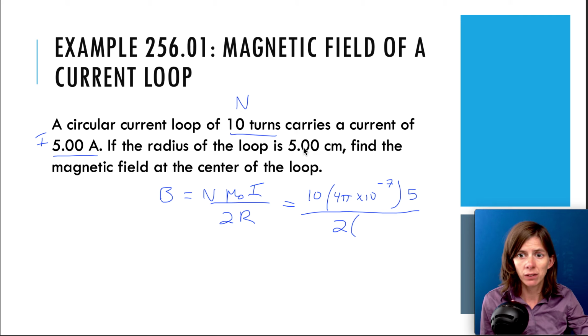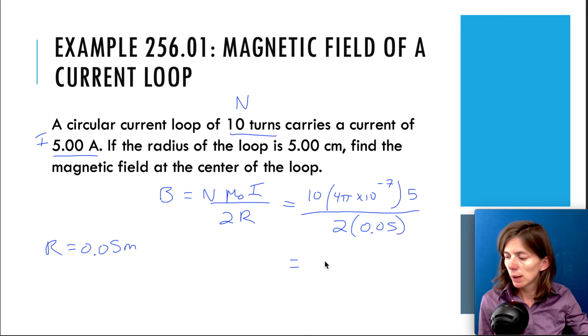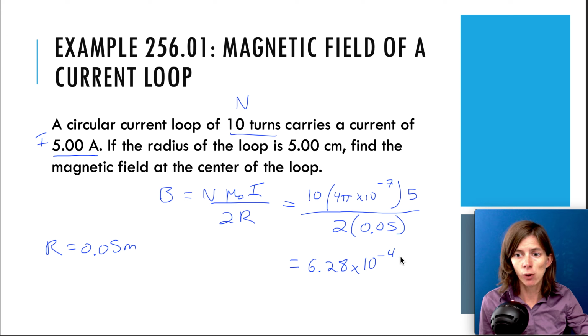So that is 5 centimeters, but we convert it to meters. So R is 0.05 meters. And then we plug in all of these numbers, and we're going to get 6.28 times 10 to the negative 4 teslas. So that's the field produced at the center of the loop.